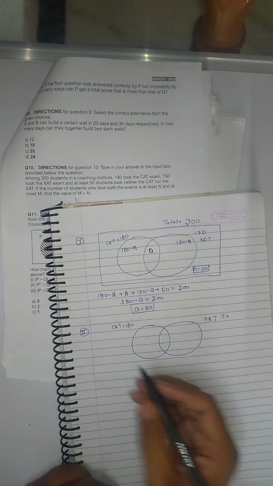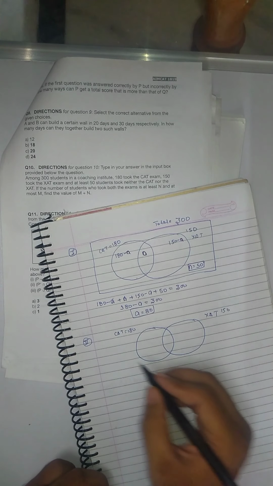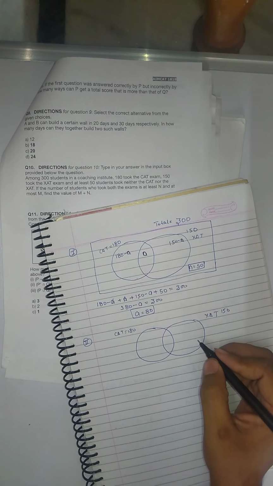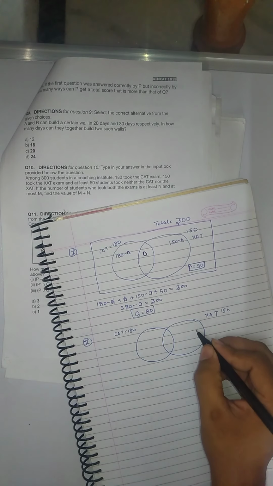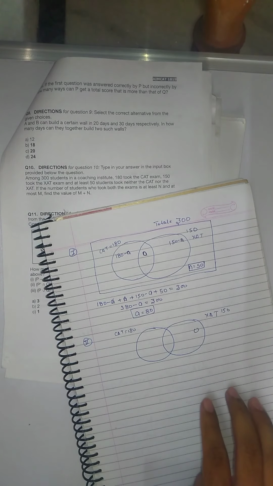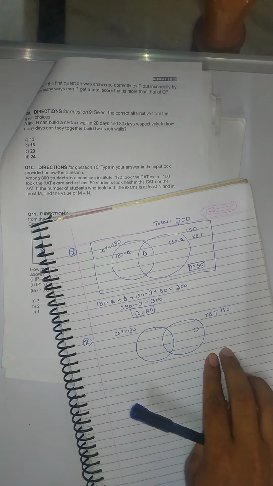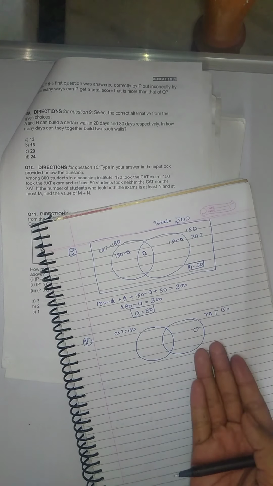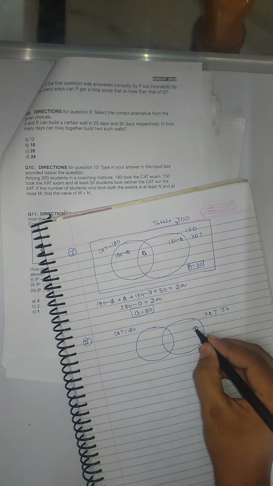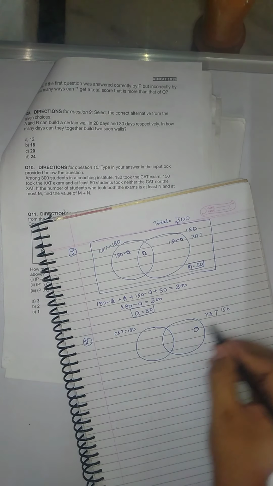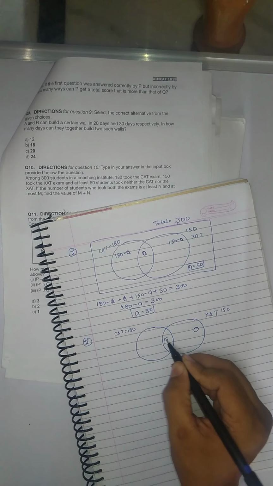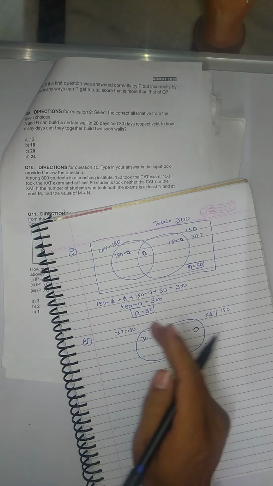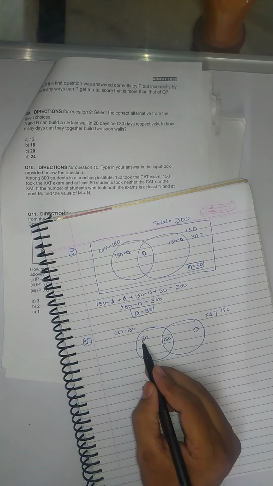We can represent this in a Venn diagram as follows. So this is our 180, this is our 150, and this part is 0. The whole common part is 150, and this is our 30, because the whole circle of CAT is 180, 150 plus 30 is 180.